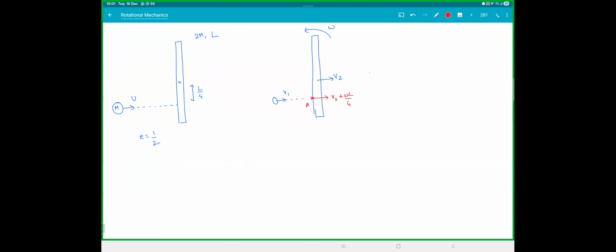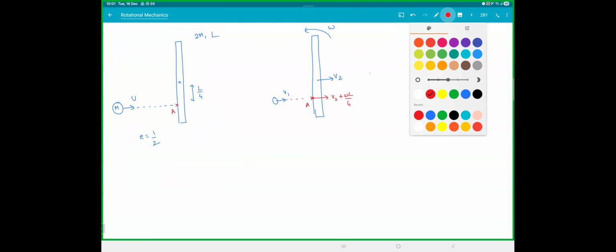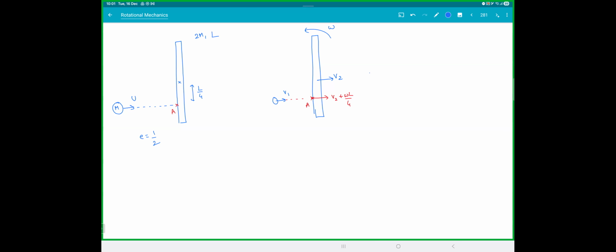I'm going to take angular momentum about A. Remember, A is a point on the ground, not a point on the rod; I'm just putting it there. Conservation of linear momentum: m u equals m v1 plus 2m v2, so u is equal to V1 plus 2V2. Check your equation. Coefficient of restitution: e is equal to V2 plus omega L by 4 minus V1, by initial speed u, which is equal to half. So u by 2 is V2 plus omega L by 4 minus V1. That is your equation 2.